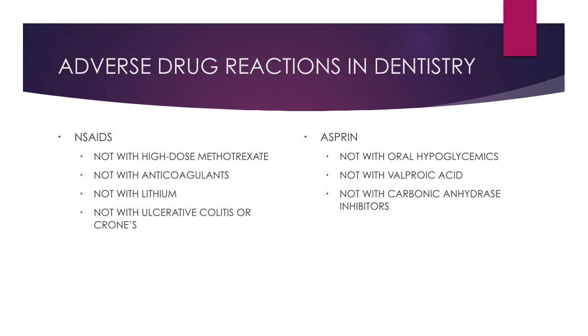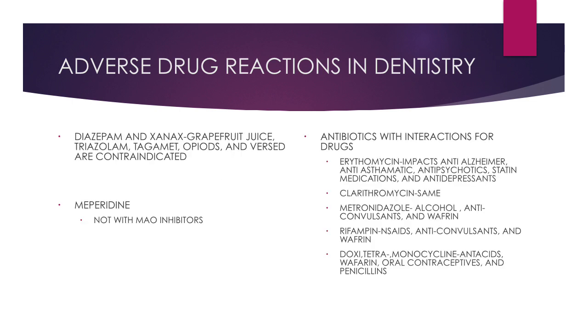Aspirin should not be given with oral hypoglycemics, with valproic acid or carbonic anhydrase inhibitors. Diazepam and Xanax, grapefruit juice, triazolam, Tagamet, opioids, and Versed is contraindicated. Meperidine cannot be mixed with MAO inhibitors.